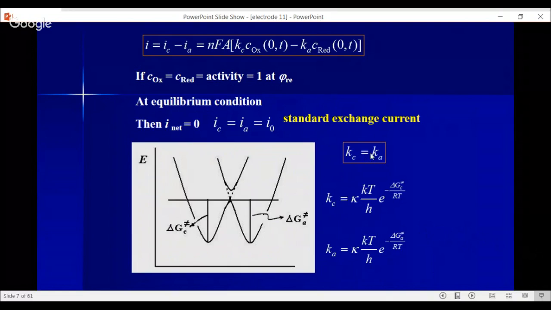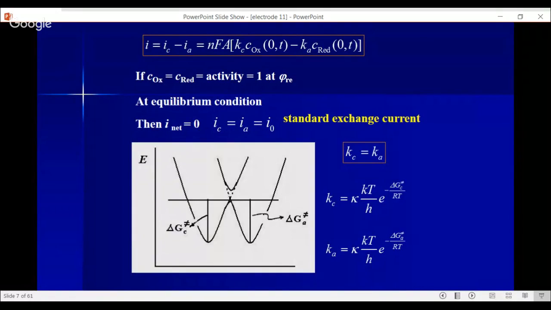When Kc is equal to Ka, we have defined again the standard exchange current. I net is equal to 0, IC is equal to IA is equal to I0. So I net, IC minus IA, is equal to 0. Under those conditions, the current measured in IC or IA is equal to the standard exchange current density.